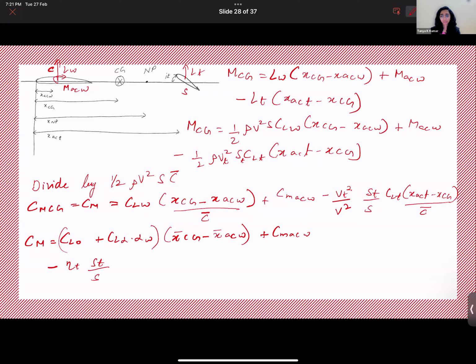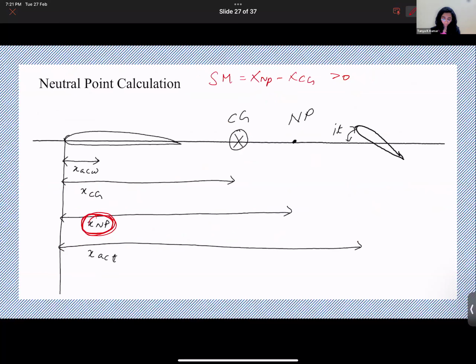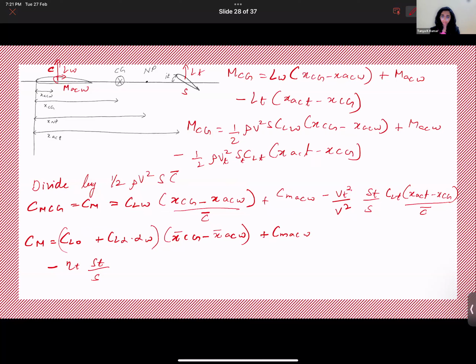It said that the tail was a symmetric airfoil. How will we expand that? So CL tail, since it is a symmetric airfoil, there won't be any CL naught.